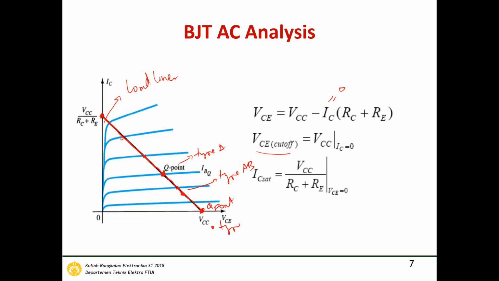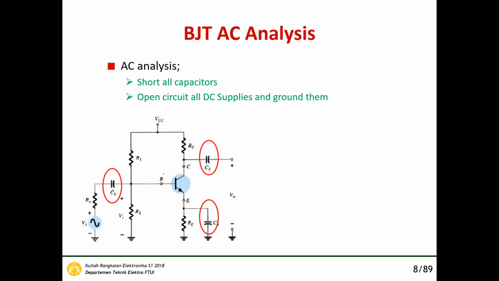So this is the type C. Okay, so it depends on what kind of amplifier that we will design. But for the beginning, actually in the book we will use the amplifier type A, like this one, in the center of the circuit characteristic.